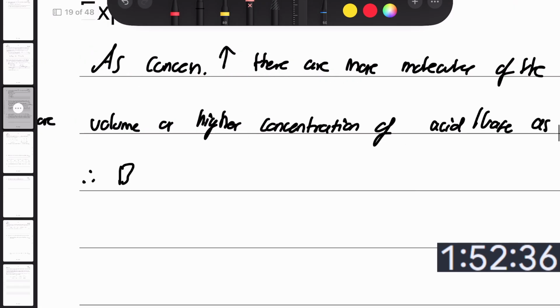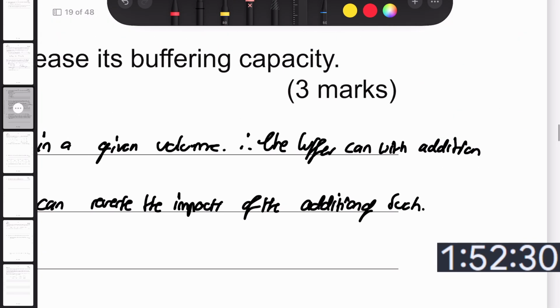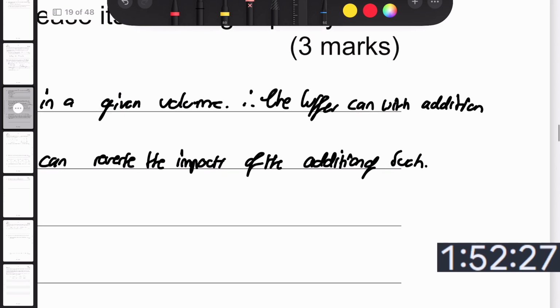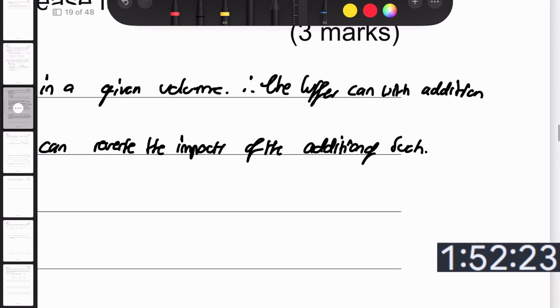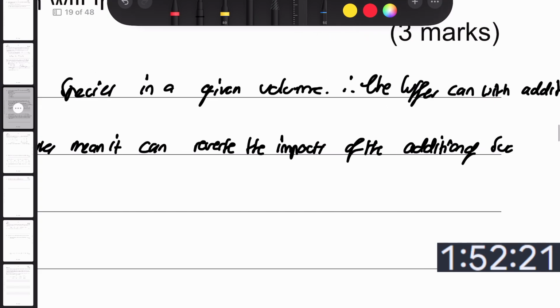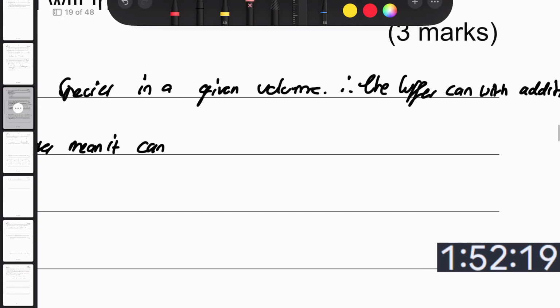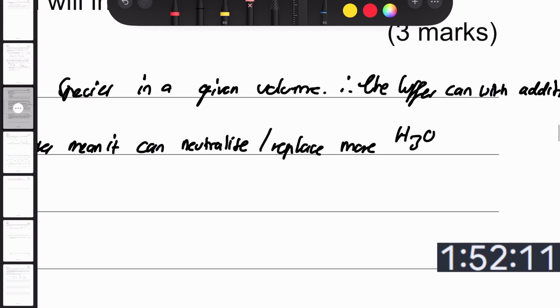Therefore, buffering capacity increases. It can, let's just say, neutralize/replace more H3O plus.